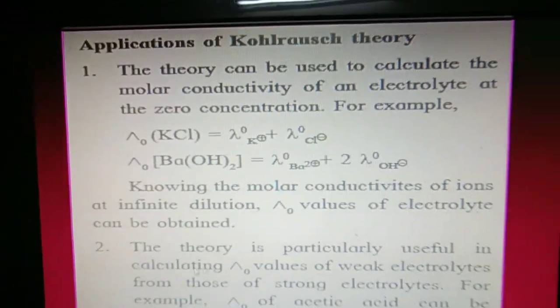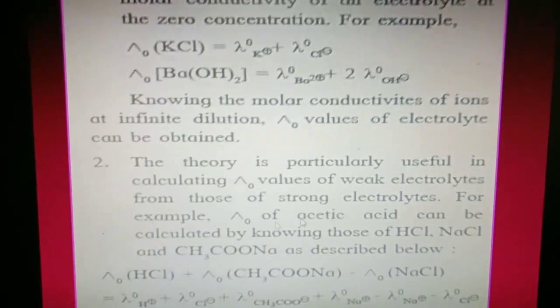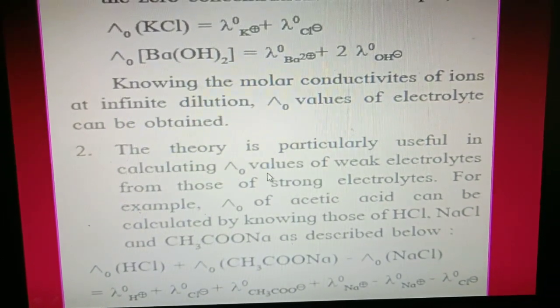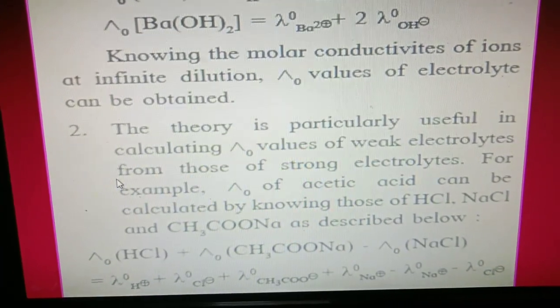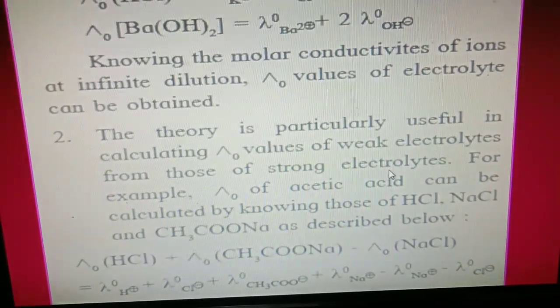Second application: the theory is particularly useful in calculating λ0 values of weak electrolytes from those of strong electrolytes.